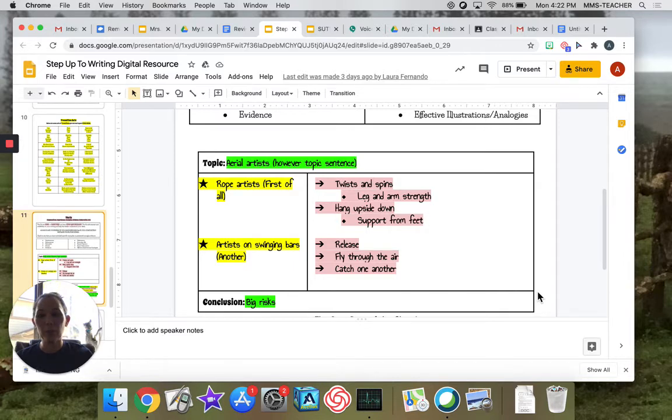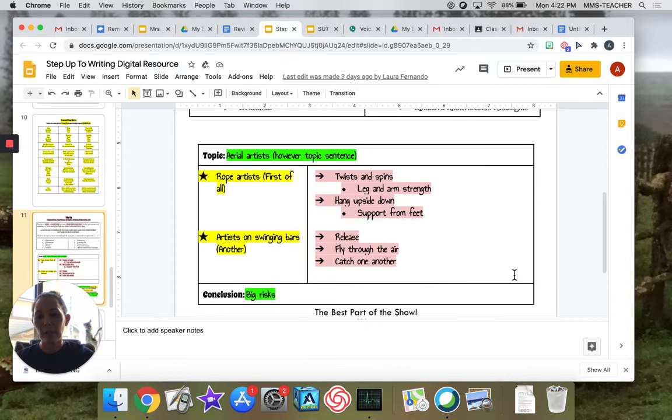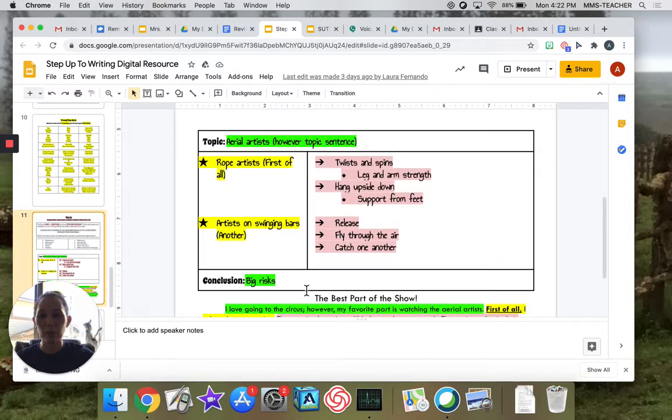Another thing to know about artists is that they swing on bars. And some examples or explanations of this is that they release, they fly through the air, and they catch one another. And so you notice that we kind of already thought about our conclusion by saying that, well, there's probably really big risks in being an aerial artist.